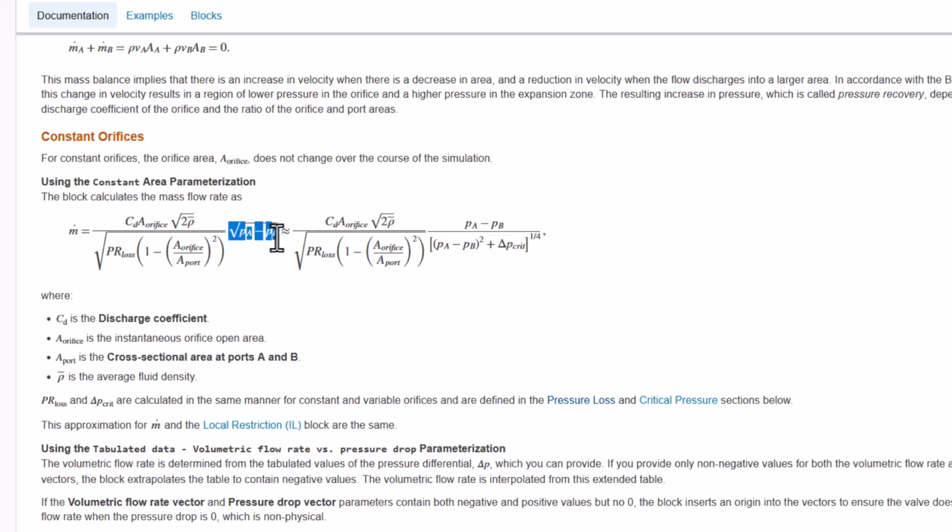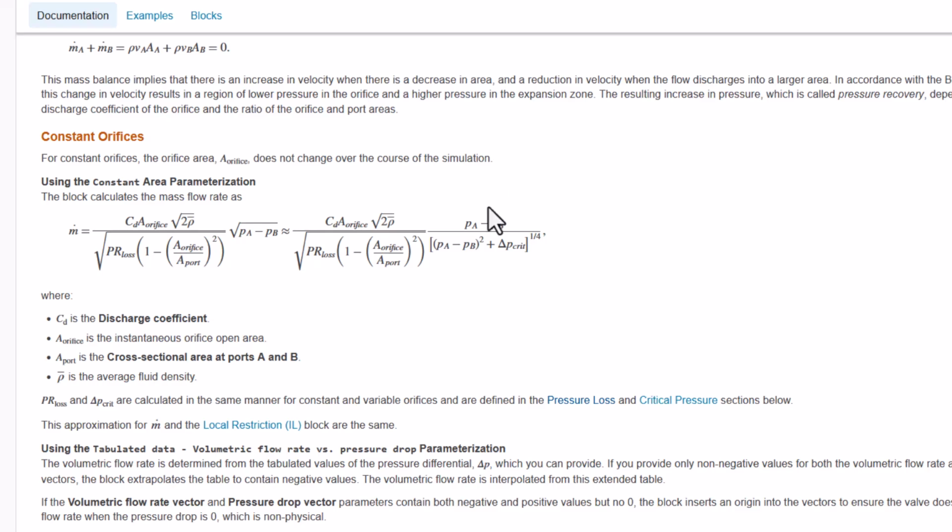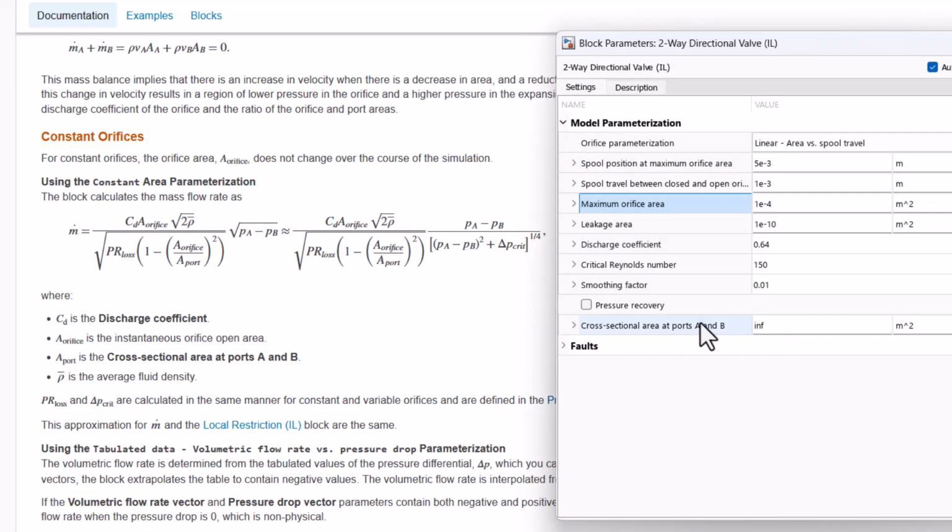Then it has to be multiplied by the square root of the pressure differential. So again, multiplied by the square root of the pressure differential, which is equal to 1 bar, so it is 1e5. Then it has to be divided by this denominator. And I talked about the area of the orifice, and the area of the port is this value, which is by default set to infinity.